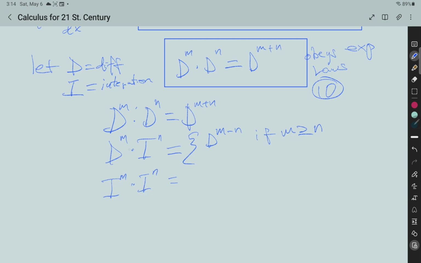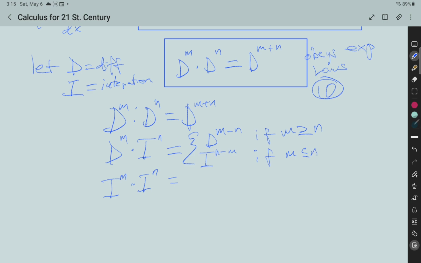So here's another component to this. D^m and I^n, if n is greater than m, then you're going to have integration n minus m. So this here is if m is less than or equal to n.